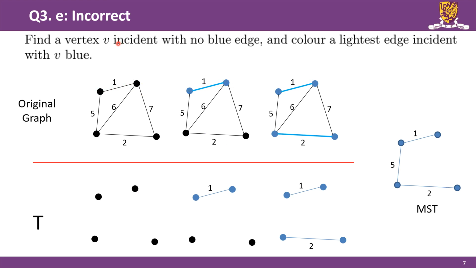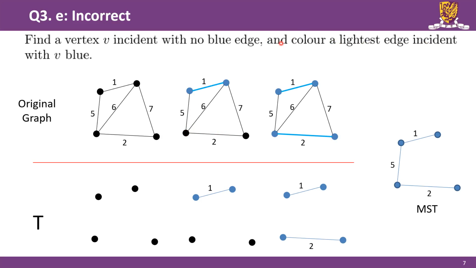And then, as the algorithm states, we find a vertex incident with no blue edge. In this case, we select this vertex and then color the lightest edge incident with this vertex blue.